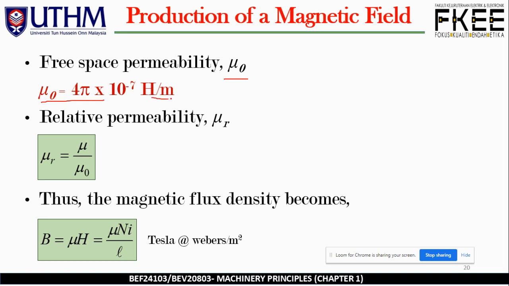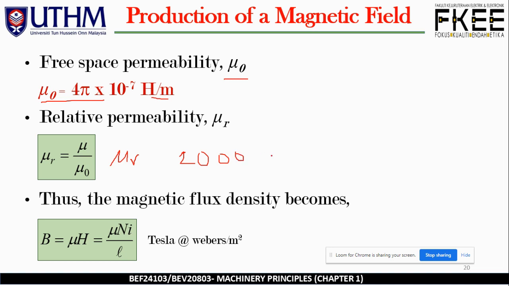For some additional notes, current modern machines use steel. The mu r for that particular steel, the relative permeability, is about 2000. This is for general knowledge.